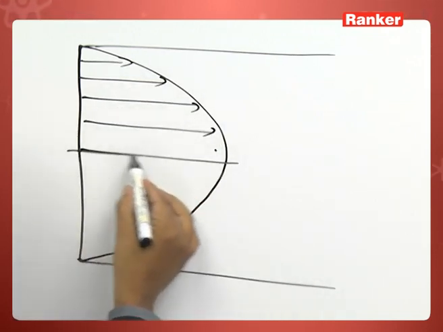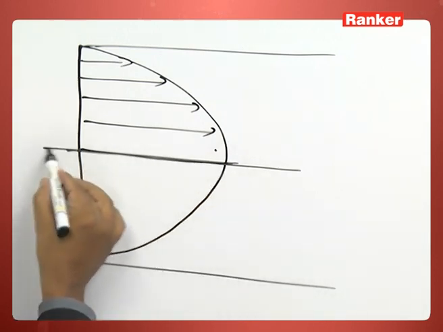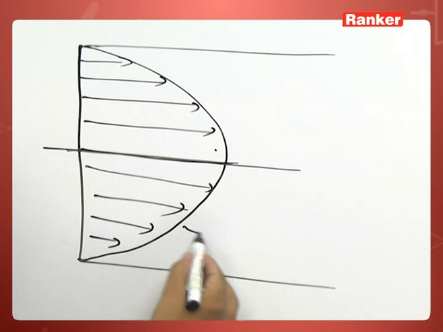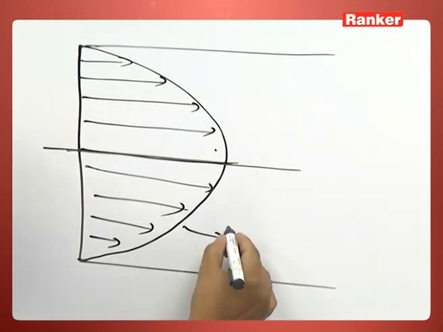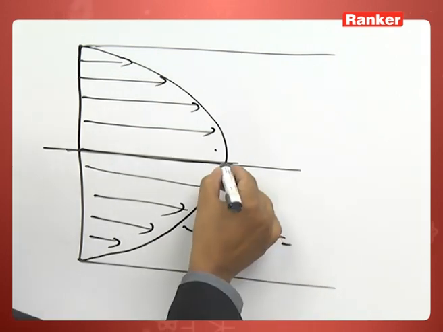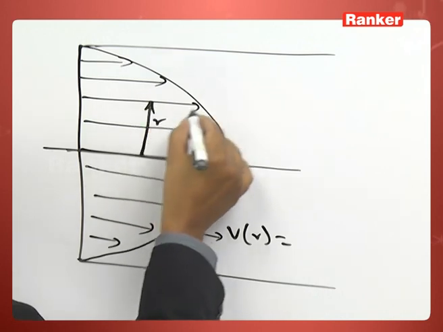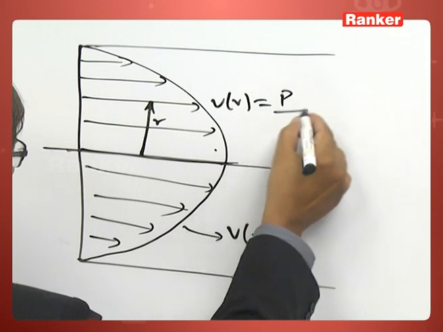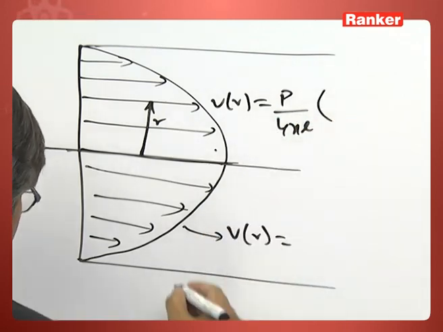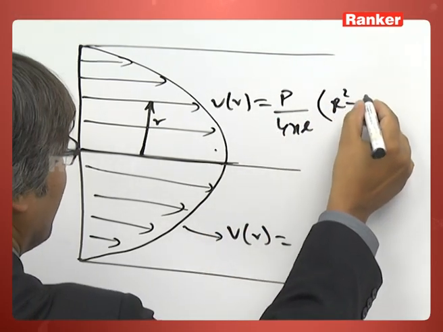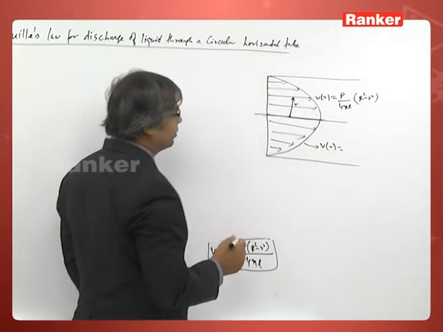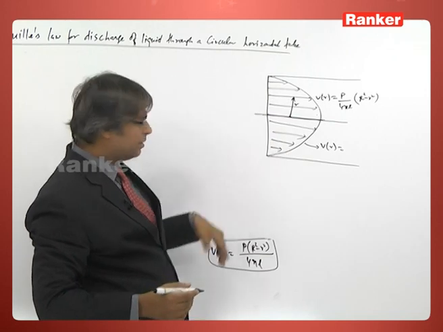This velocity profile is measured from this center line, and so this curve is V as a function of r. This r is measured from here. So, this V as a function of r is P by 4 eta L, capital R square minus r square. Here and here both are symmetric, the profile will be symmetric.